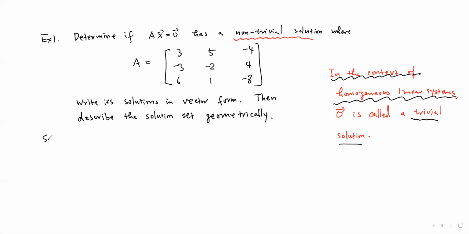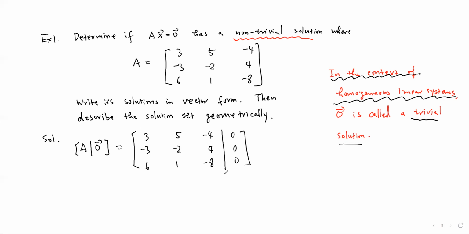Now let me answer the first question. Determine whether the linear system has a non-trivial solution. How? Solve it. Take the coefficient matrix together with the right hand side and solve it. Now I skip the detail.